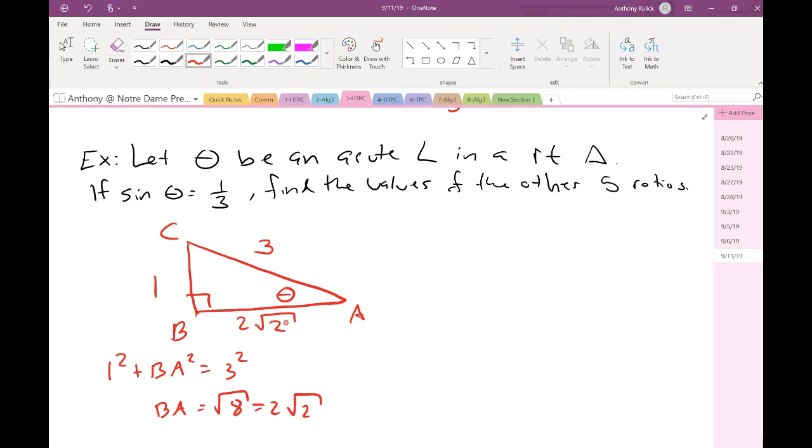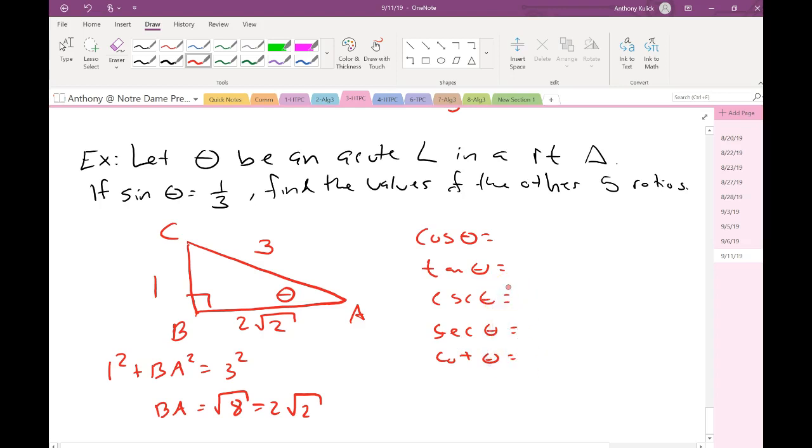Anybody issues with how I change square root 8 to 2 root 2? Good. Okay. So now, I just need to write down the values for cosine, tangent, cosecant, secant, and cotangent.